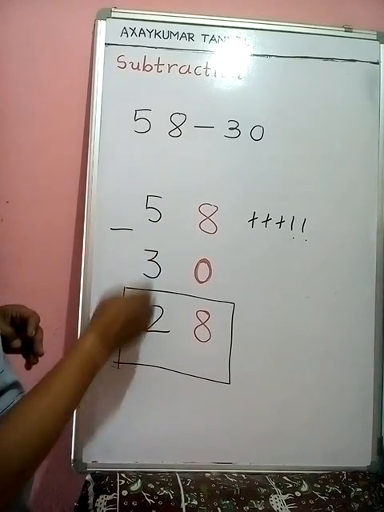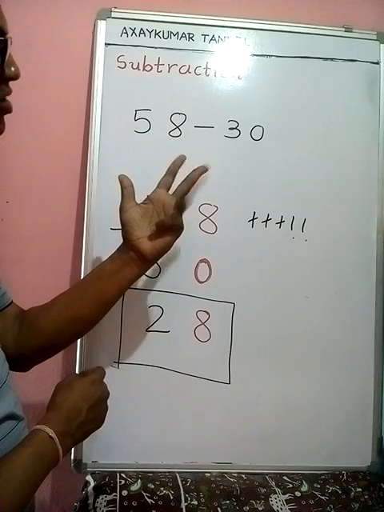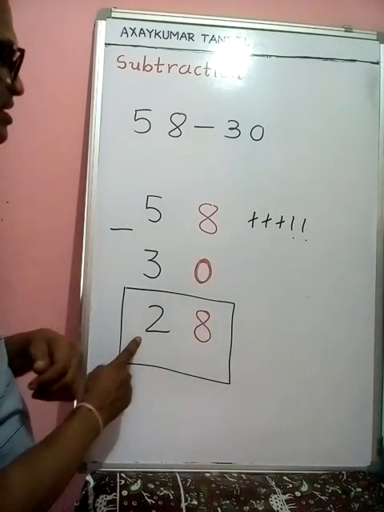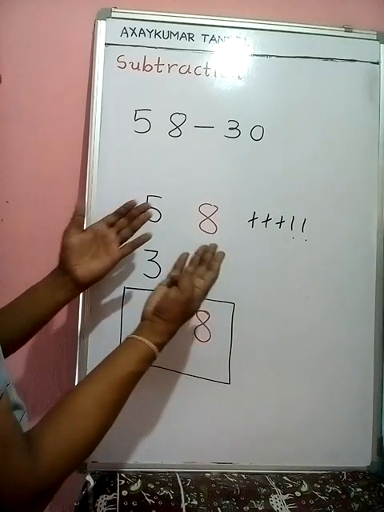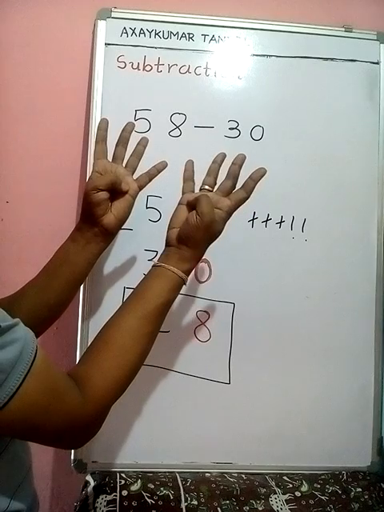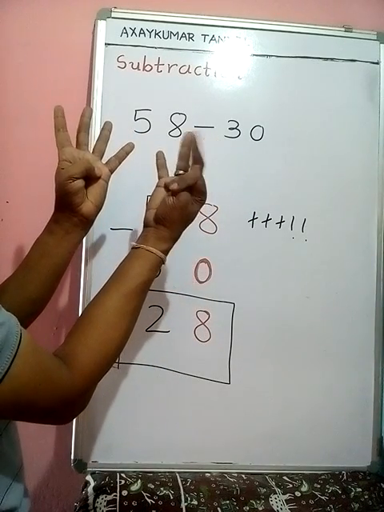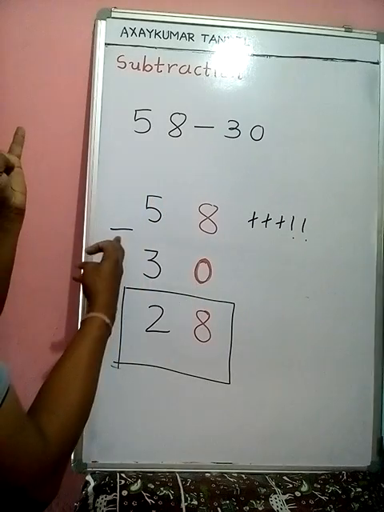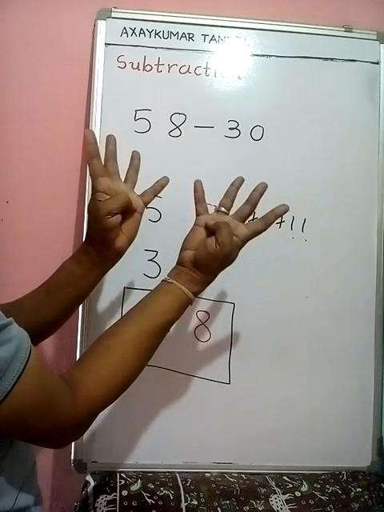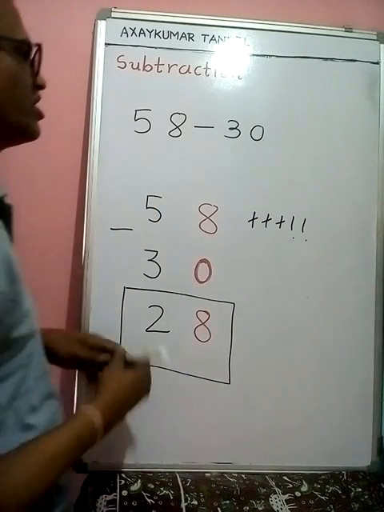We do it with fingers. 5 minus 3: 1, 2, 3. How many saving? 2. We write 2. Correct? 8 minus 0, we have 8. No turning any fingers. Keep straight, no turning, because here is 0. So 8 minus 0 is equal to 8. Okay? Our answer is 28.